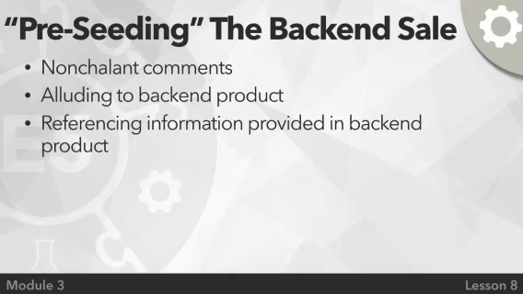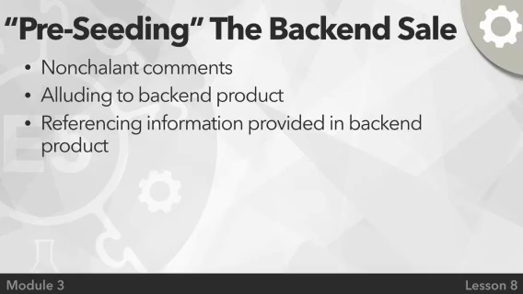The next method is referencing information provided in a back-end product. Right? So really, I just gave you, you can allude to a back-end product. You can also reference information. Like, this is a topic. There are 5 things that I cover in depth over the course of 3 hours in my LMNOP program.